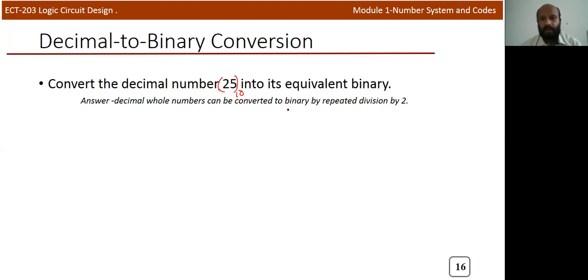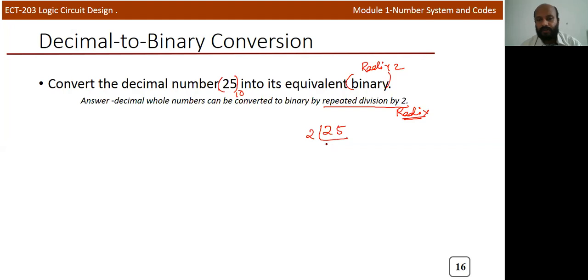Here we are using the concept of repeated division by 2. That means you need to divide the given number, if it is a whole number, by the radix. Binary means base 2 or radix 2. So generally in this problem, you need to divide using the radix.